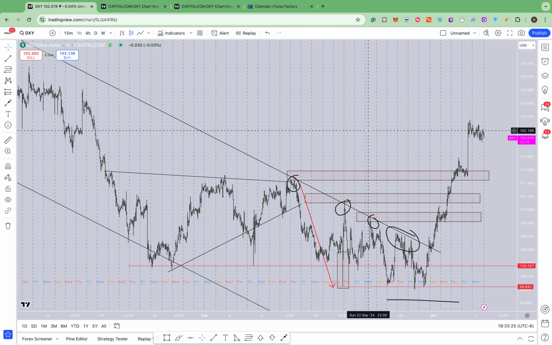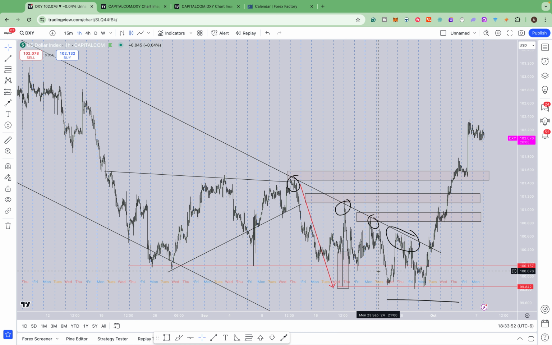So this gives us even more confirmation that the euro US dollar is most likely going to reverse if we believe that the dollar is also reversing. So if we see that all of this is setting up for a reversal on the dollar, but first of all, they're making everybody believe that it's going to continue the trend.